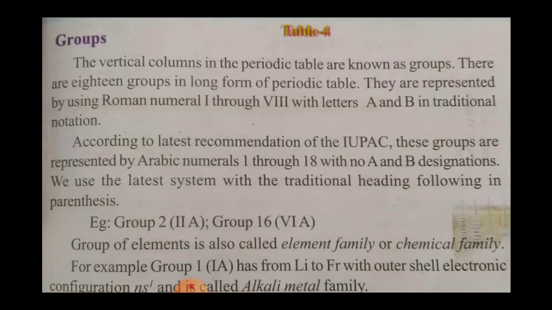Earlier we were using Roman numerals and A, B. In the latest recommendations of the IUPAC, we now use only Arabic numerals 1 to 18 with no A and B designations.